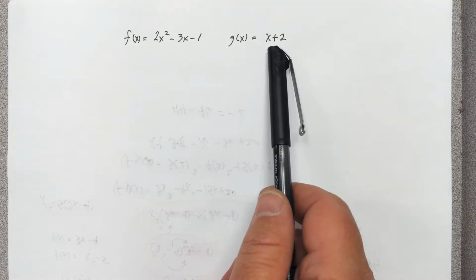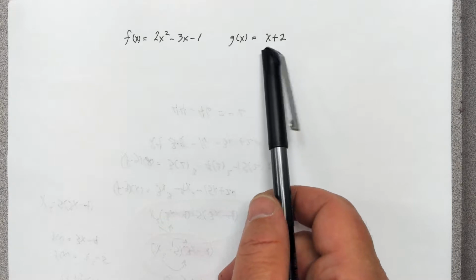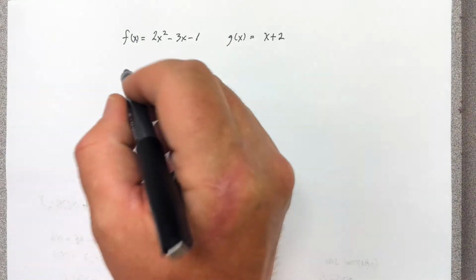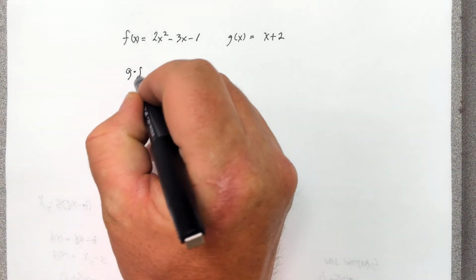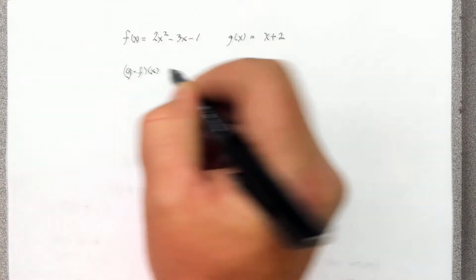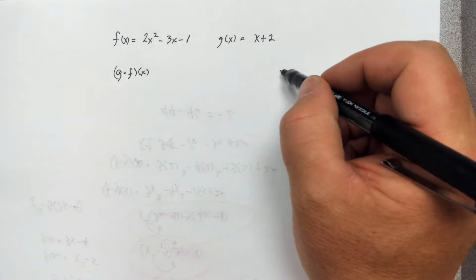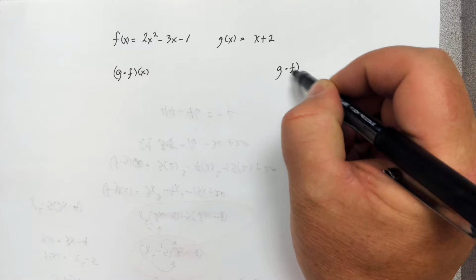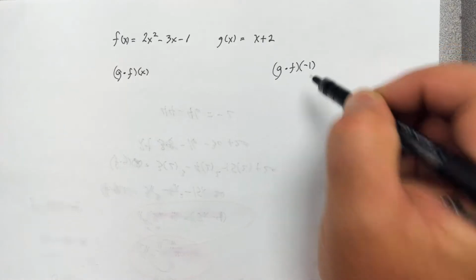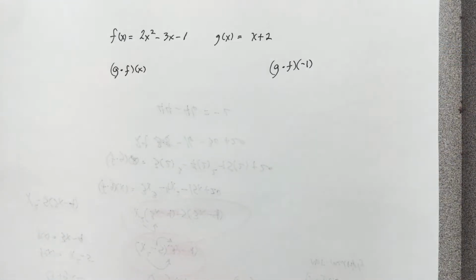So I would put this one first if I was going to be multiplying because it's easier to set up. But I'll write it like this. And then let's try those two. Do you want to do them together or try on your own? Together first.